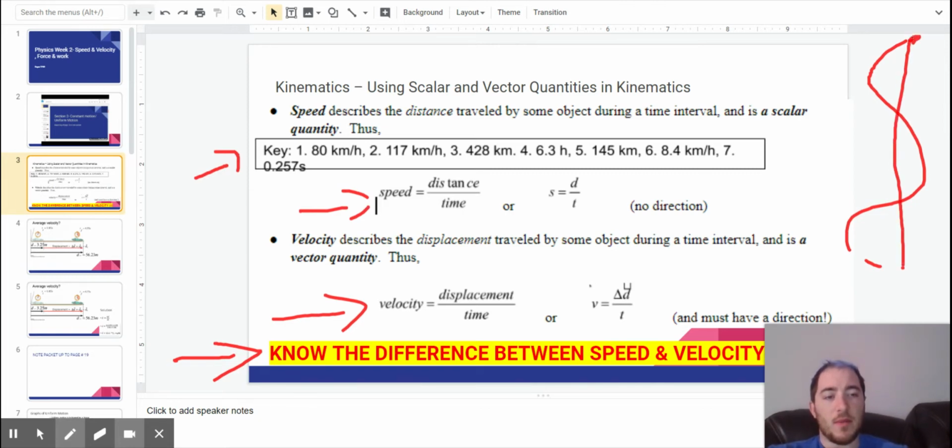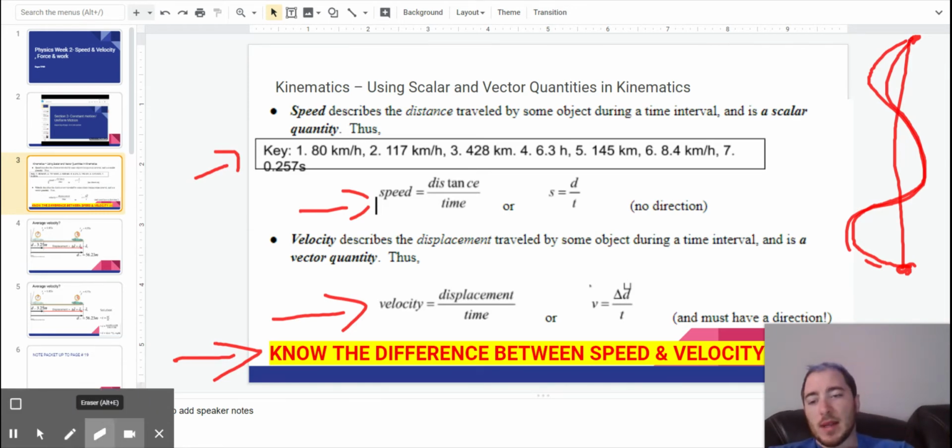So if this is your starting point and this is your final point, you can tell that this windy line is going to be a lot longer than the straight line. So your velocity is almost always going to be less than your speed. That being said, unless you're running an exact perfectly straight line, then they will be equal, but they'll never be larger. So that's something to keep in mind here.